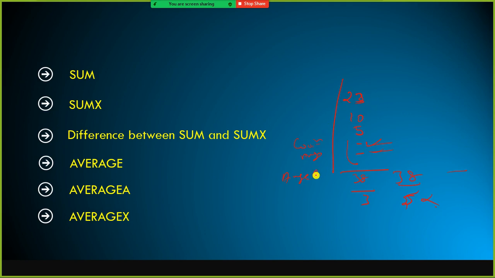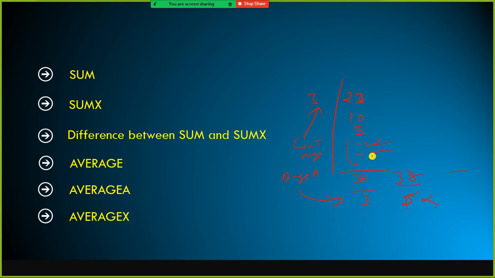What is the difference between count and average? Count is how many values are there: 1, 2, 3. If somebody asks what is the output of Count on this column, it's 3; you simply exclude the blank. If somebody asks for Average, this is the correct value: 3 values, excluding the blank values.